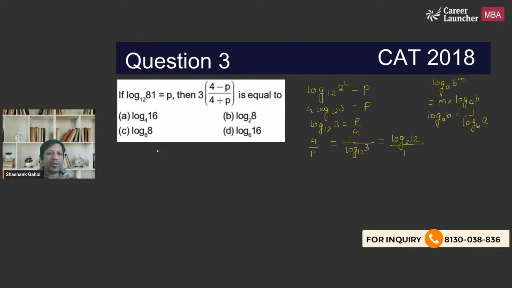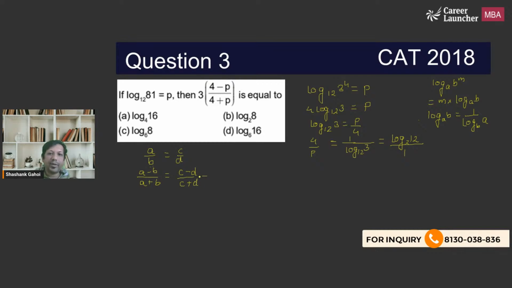Now there is a formula of componendo and dividendo, that is, if a upon b is equal to c upon d, then a minus b upon a plus b is equal to c minus d upon c plus d.